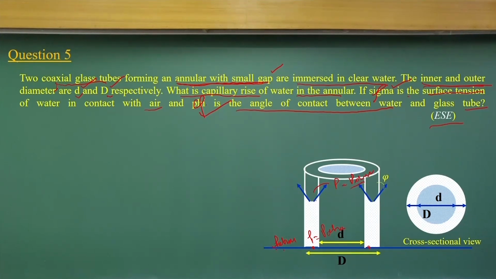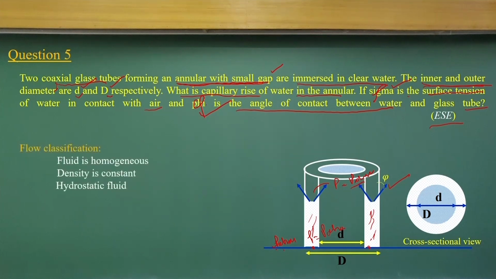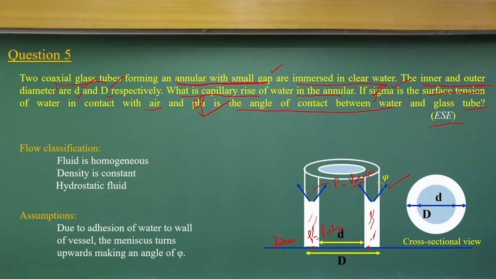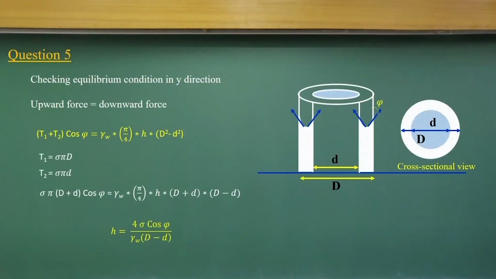That means the weight of the liquid which has risen by capillarity will be balanced by the surface tension force, as we derived in the theory class. This is a very basic concept. The fluid rises due to adhesion to the wall, making an angle of phi degrees. Since it is an equilibrium condition, the upward force is equal to the downward force.